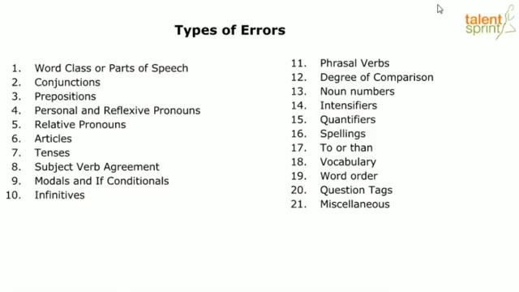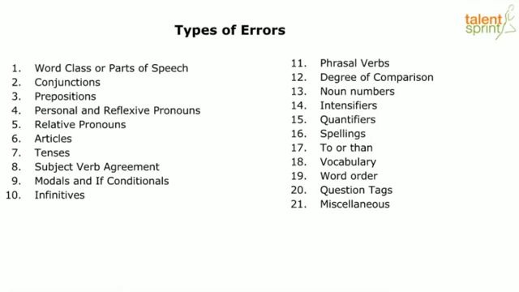As you can see on the screen, we have essentially 21 types of errors. Twenty are the concepts covered in grammar, and of course the 21st is a miscellaneous type of error. We have errors pertaining to word class, or parts of speech. It could be a noun, a pronoun, an adjective, or any part of speech.